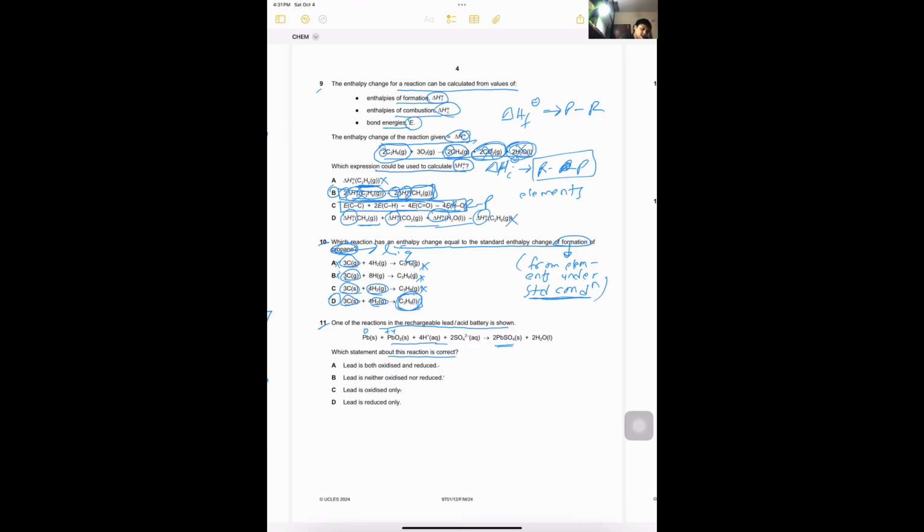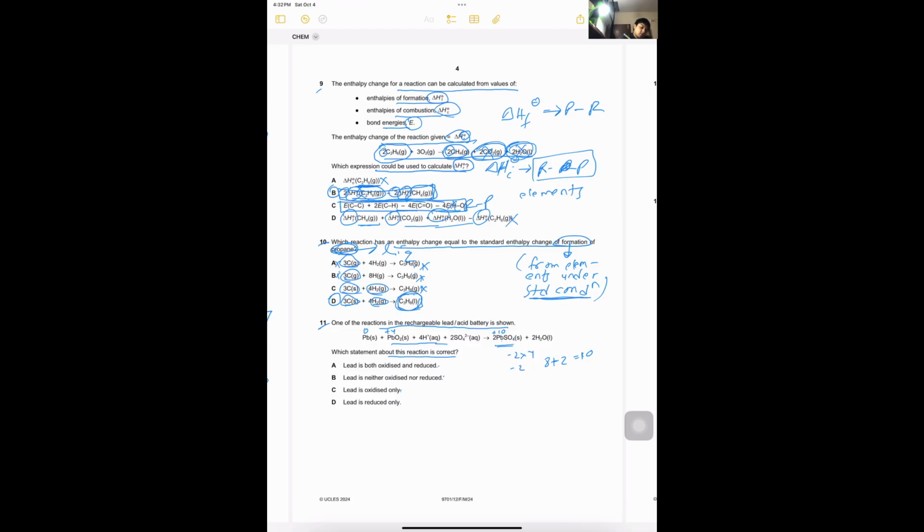So for lead sulfate, with 4 oxygens, it will be -2 into 4, and sulfur is +6, so the oxidation state of lead here should be +2.